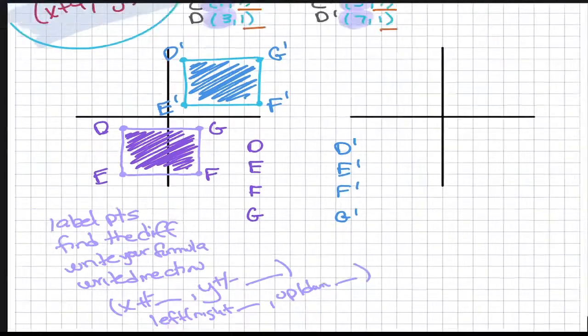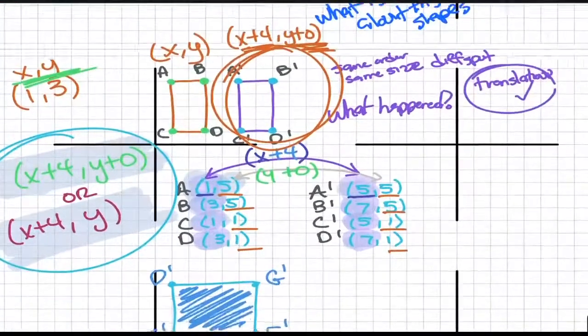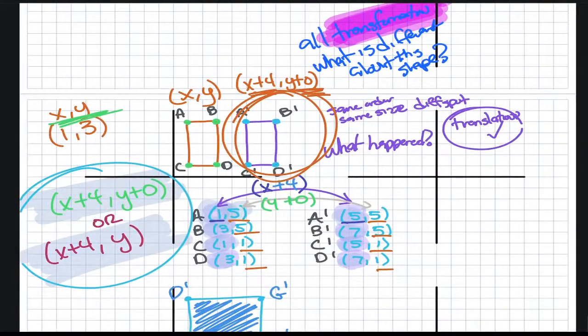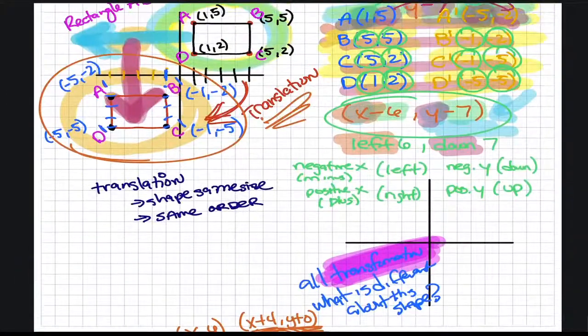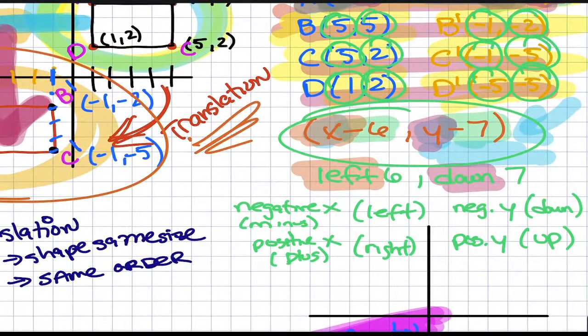It should look very similar to what we did here. This is what I want your final answer to look like: x plus or minus something, y plus or minus something, left or right something, down or up something. Okay.